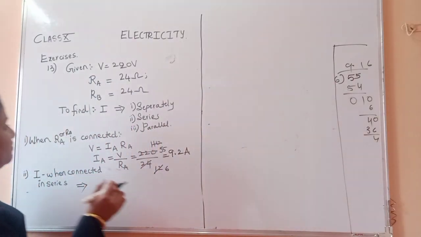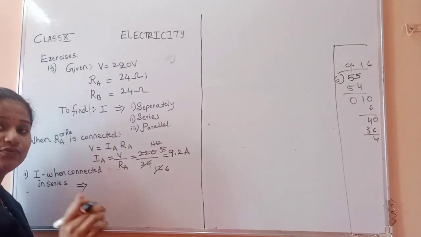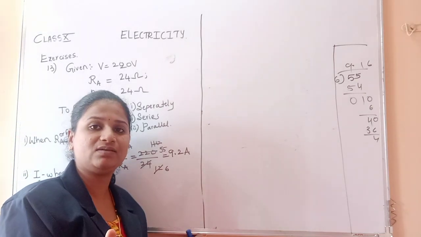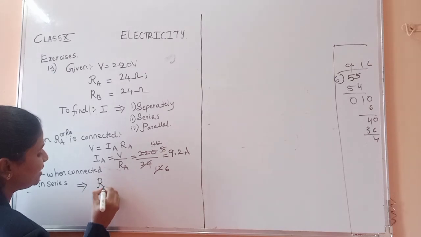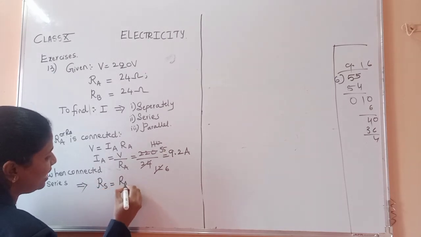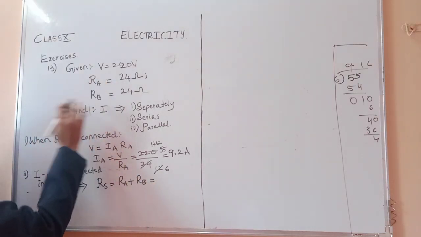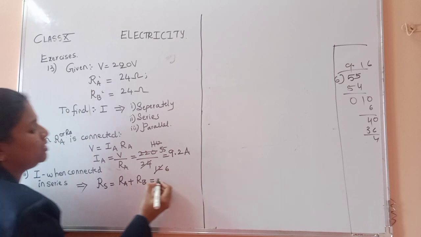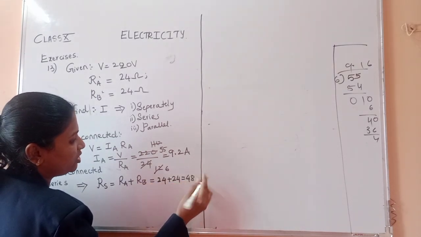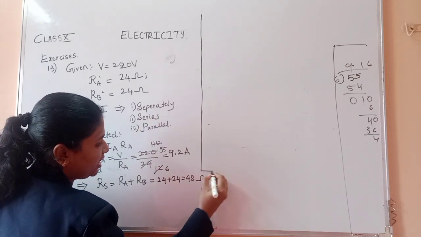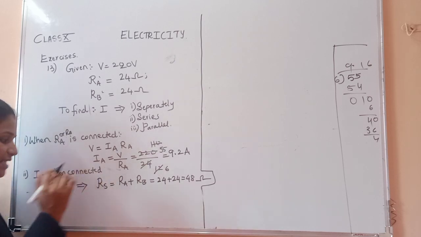That is why, as series, first we have to find the effective resistance, that is nothing but the total resistance in series. So RS can be written as RA plus RB, R1 plus R2. This is R1, this is R2. So RA is 24, RB is 24. So I will get 48 ohm. 48 ohm is the RS, or the effective resistance, or resistance in series.